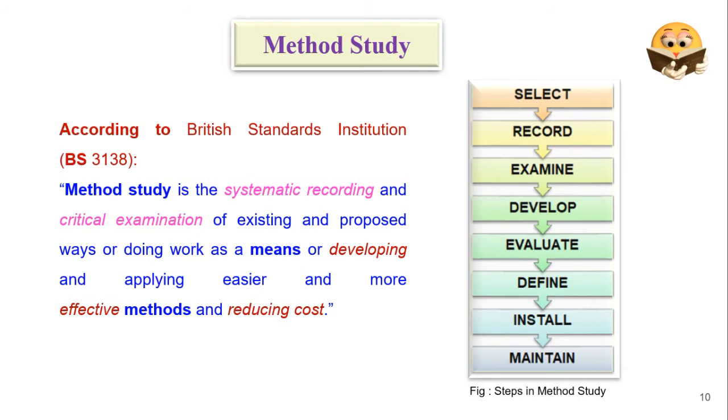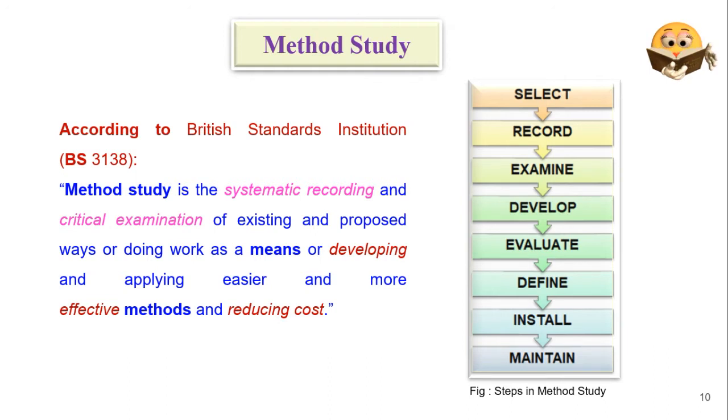So steps in method study. Whenever we go for method study, there are different steps systematically. First, we select the job to be analyzed, then record. Once you select the job, then all relevant facts are presented in recorded form. Examine the recorded facts critically.